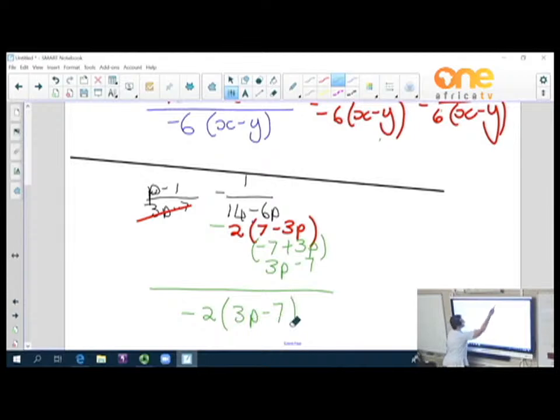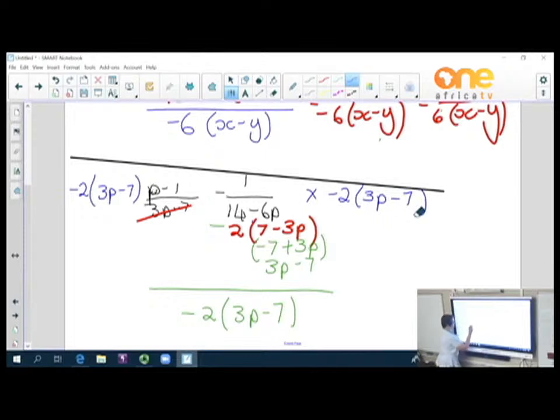That is my LCM. So I multiply here with negative 2, 3p minus 7, and I multiply here with negative 2, 3p minus 7. And I can cancel. So now I have negative 2p plus 2.